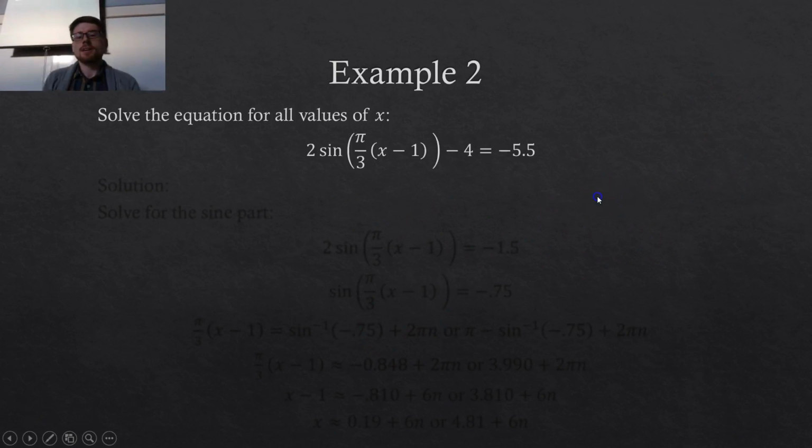Okay, slightly trickier. This kind of problem will arise when you're solving your sinusoidal models for a particular value. This has got more steps involved, but fundamentally it's the same task. If we want to find all the x values that satisfy 2 times the sine of pi over 3 times x minus 1, minus 4 equals negative 5.5, this is like saying, what are the times when my height of the spring is negative 5.5 or something like that, okay?